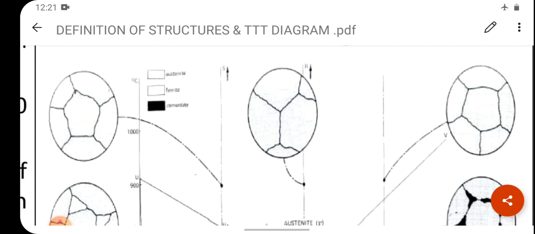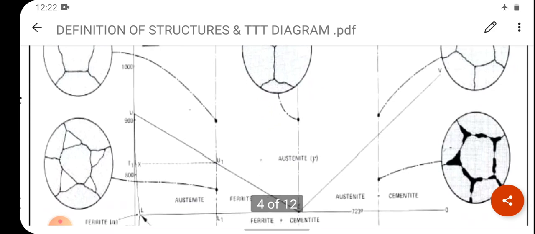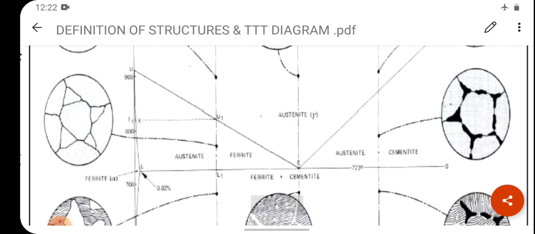So the next diagram is at 0.4% carbon. And again the next diagram, the third diagram on the extreme right, the microstructure also changes, so it is also in austenitic form. So austenite. Again we are moving in the downward direction and draw another microstructure at the same percentage of carbon.